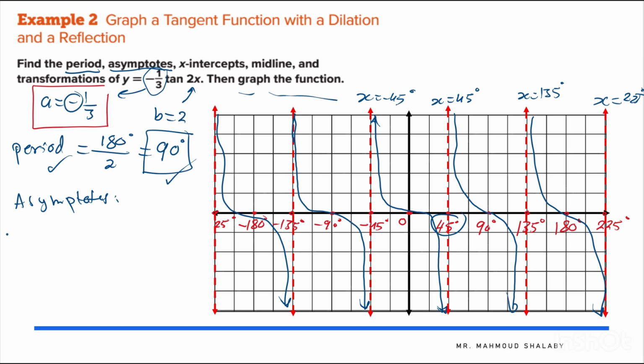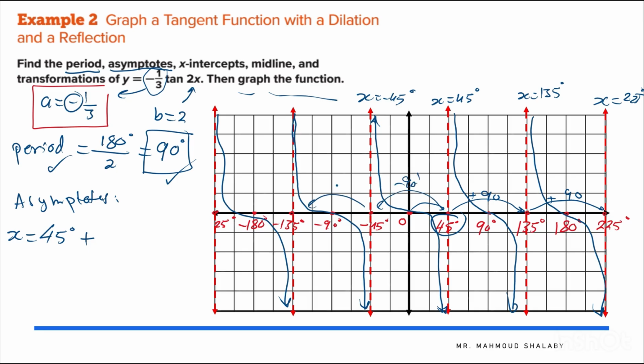Right. To write the equation, remember, we will write x equals the first asymptote, which is 45 degrees, and it will be repeated. Start with 45, then it will be repeated by adding the period, which means every time we add 90 going to one side, or subtract 90 going to the other side.